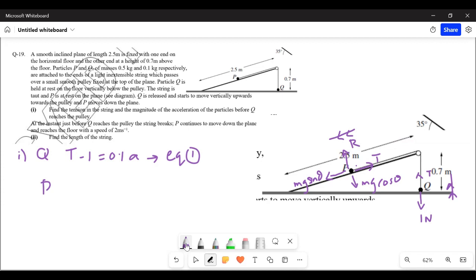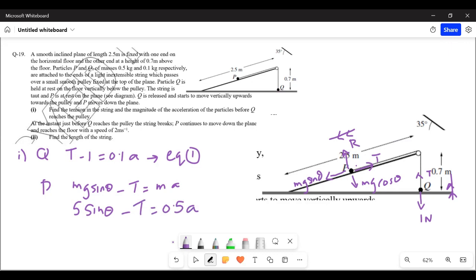Okay, so now at P, the forward force is mg sine theta minus backward force T is equal to ma. So mg for P is 0.5 times 10, which is going to be 5 sine theta minus T is equal to 0.5a.